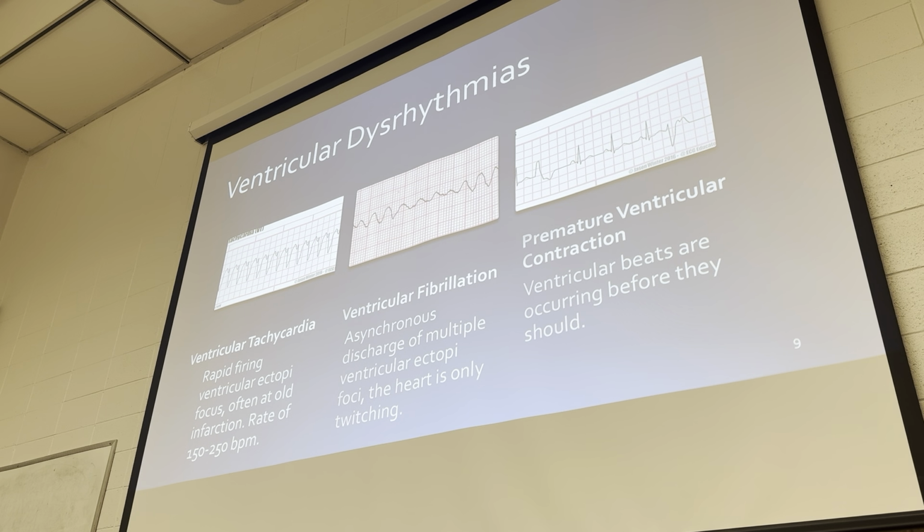Do I have a pulse with VTAC? Maybe. I may or I may not. So what is the very first thing you need to do if you see VTAC on a monitor? Check your patient. Thank you. Check your patient, because we need to know if they're alive or dead.